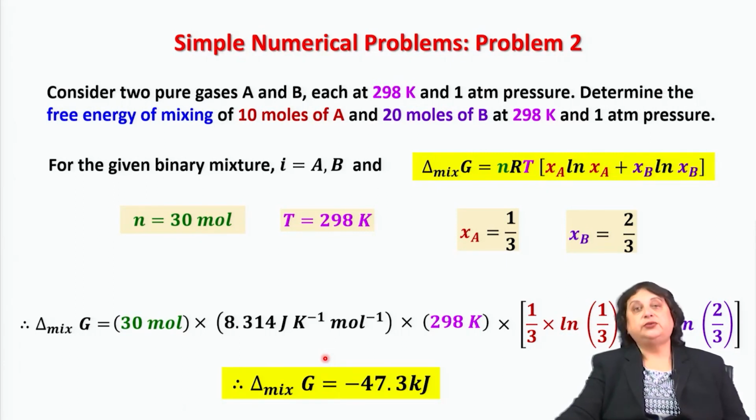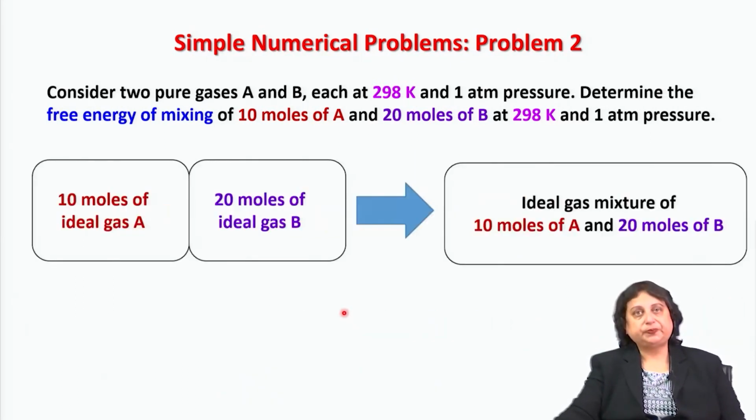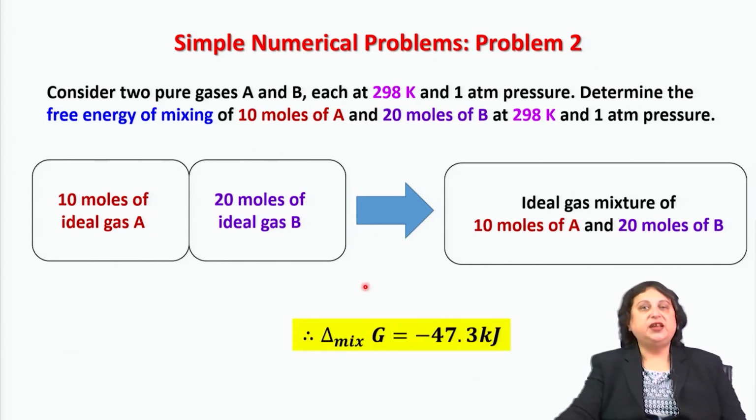And now it turns out to be minus 47.3 kilojoules. So, for this process where I had 10 moles of the pure ideal gas A and 20 moles of the pure ideal gas B, to produce the resultant ideal gas mixture, the free energy of mixing is minus 47.3 kilojoules.